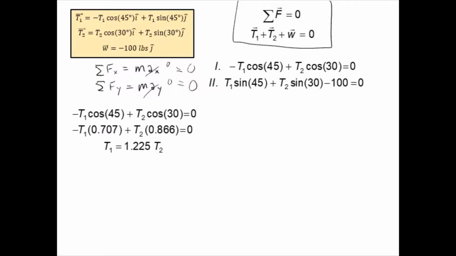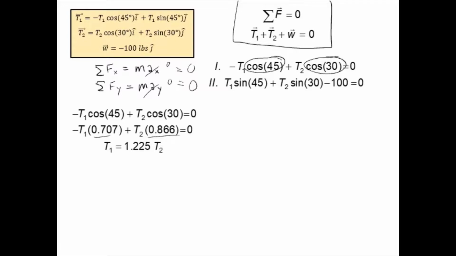We use simultaneous equations, and before I do that, of course, I know what cosine 45 is in my calculator, and I know what cosine 30 is: 0.707 and 0.866. So I can go ahead and plug those in. And that first equation reduces down to this, which if I finish solving it for one of those variables, I find that T1 equals 1.225 times T2.